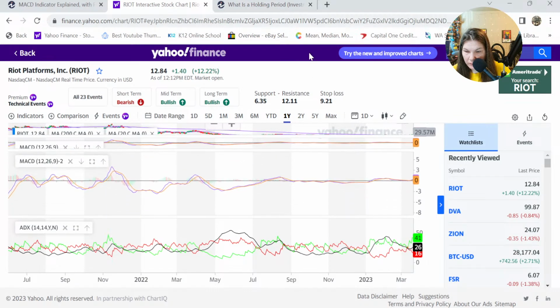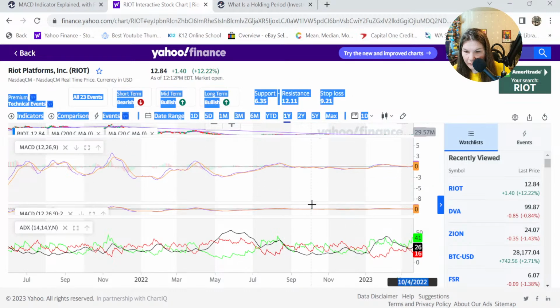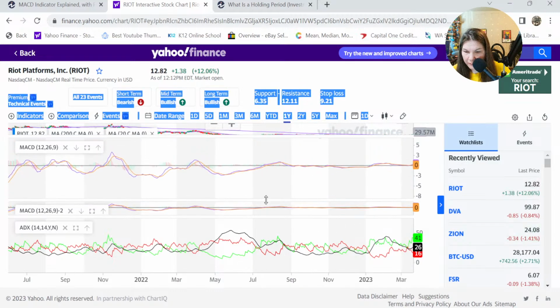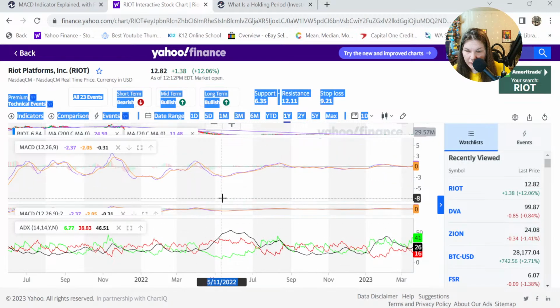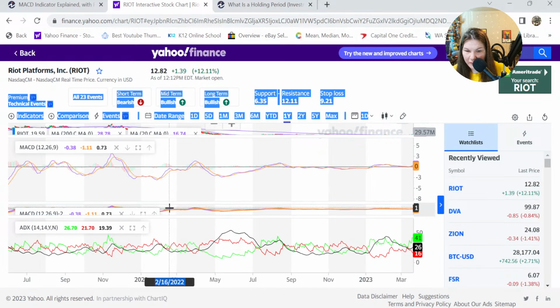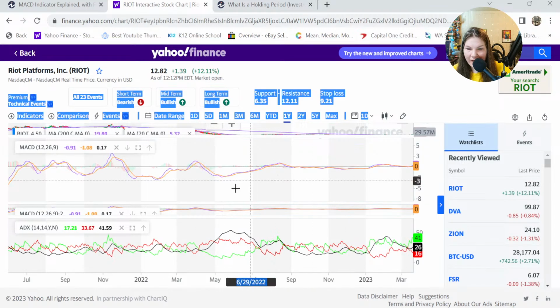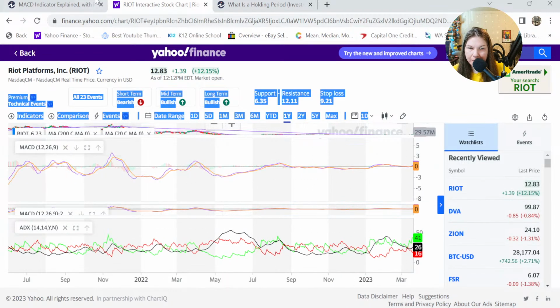Come on. Okay. Here we go. Forget this little tiny one right here. We're looking at this big one and this one, and I don't know why it's having multiple issues. I got too many indicators going.